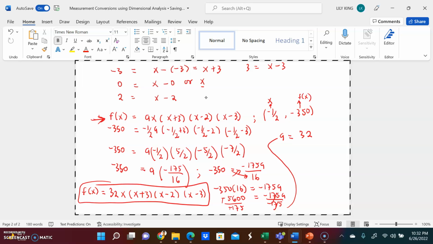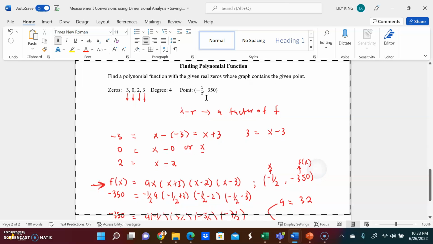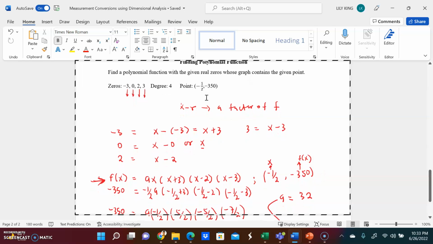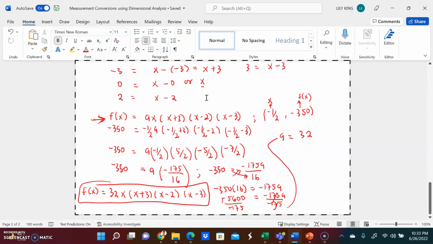So this is how you find a polynomial function with the given real zeros whose graph contains the given point. I hope this helps. Thanks.